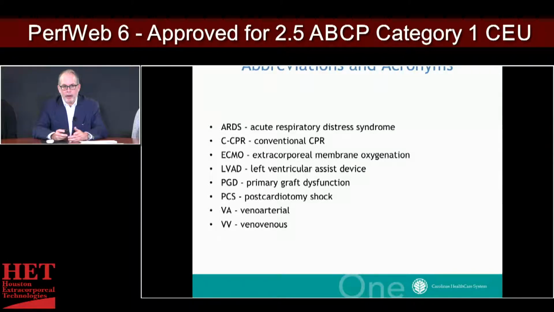PGD is primary graft dysfunction, such as a transplanted heart that isn't working optimally after implantation. Post-cardiotomy shock is a patient that's had heart surgery and doesn't want to come off cardiopulmonary bypass without additional support. VA means veno-arterial, as in veno-arterial ECMO, and VV means veno-venous ECMO.